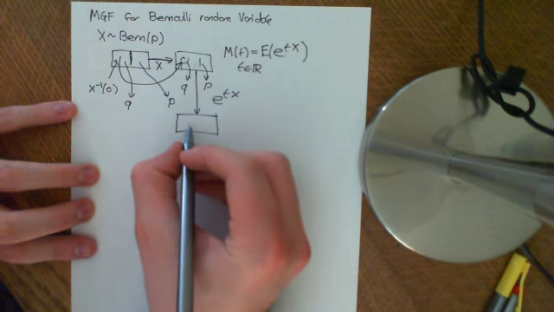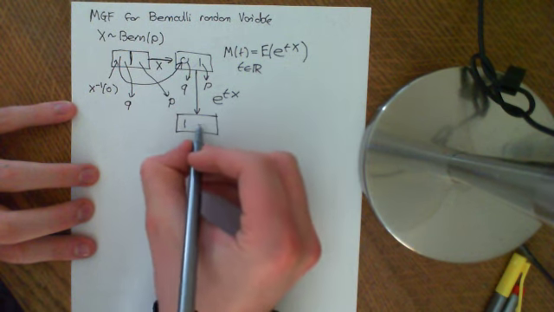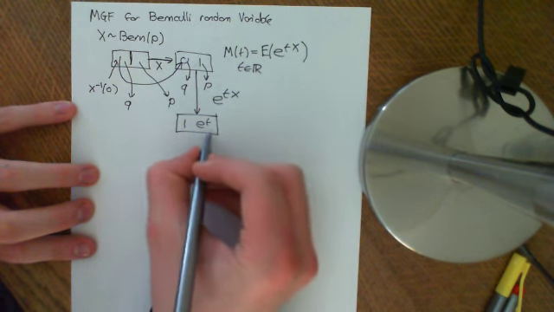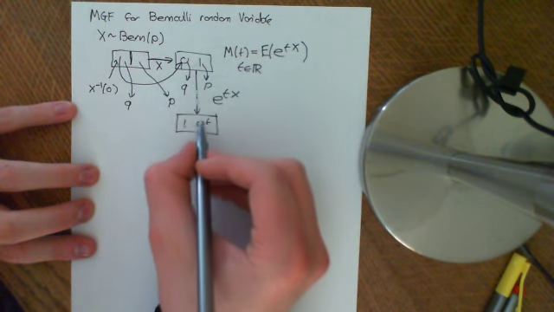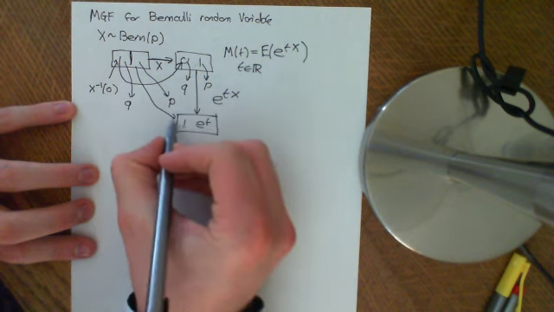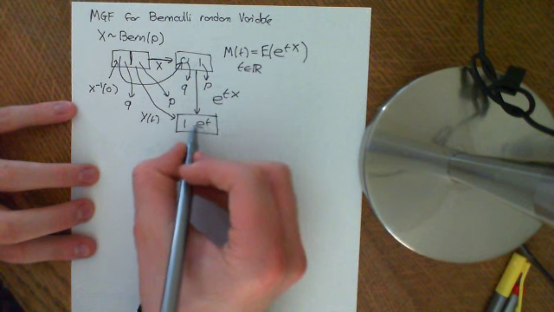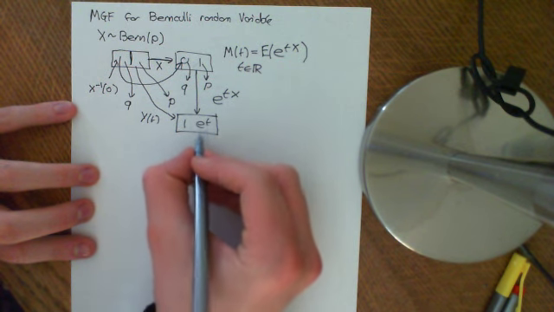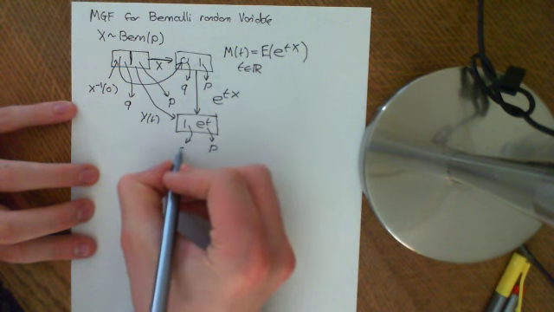You plug in 0 and you get 1, and you plug in 1 and you get e to the t. So this is what this mapping is going to take 0 and 1 onto. So our new random variable, which we could call Y, which is going to vary with t, is going to be 1, and then it's going to have e to the t as the other option. And the probability of getting e to the t is p, and the probability of getting 1 is q.